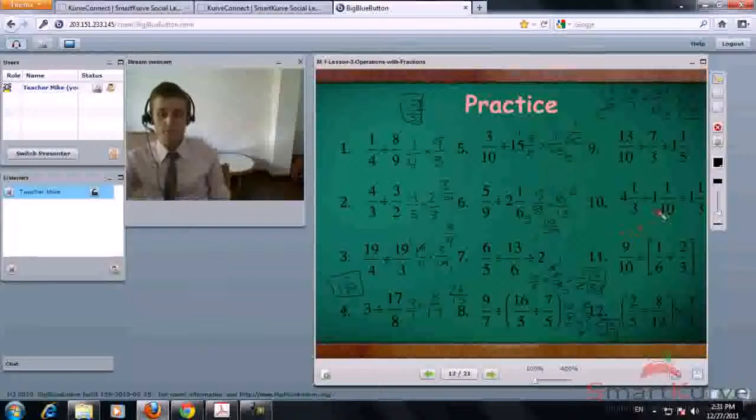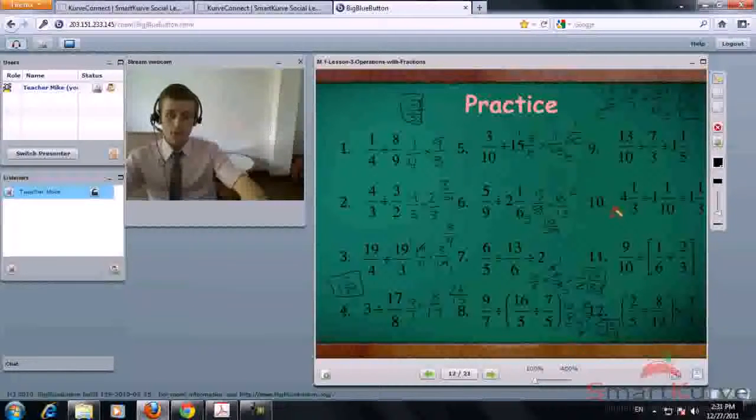Now for number 10, convert them all into improper fractions. 4 and 1/3 is 13 over 3. Times 10 times 1 is 10, plus 1, 11 over 10. We use the reciprocal, 10 over 11, times 1 and 1/3 is 4/3, reciprocal, 3/4.